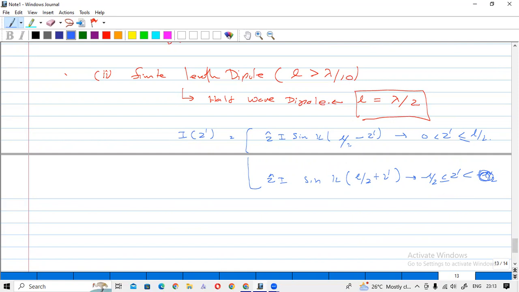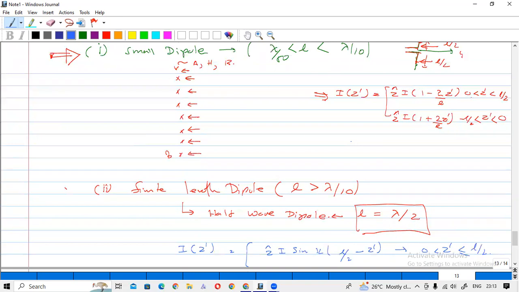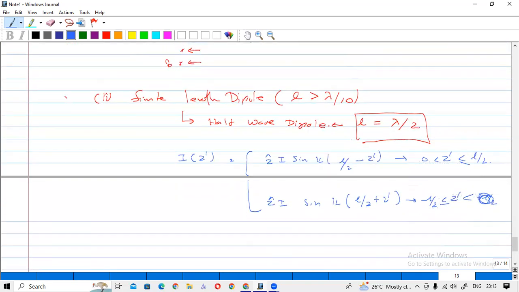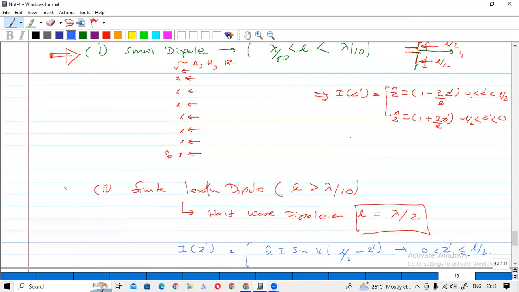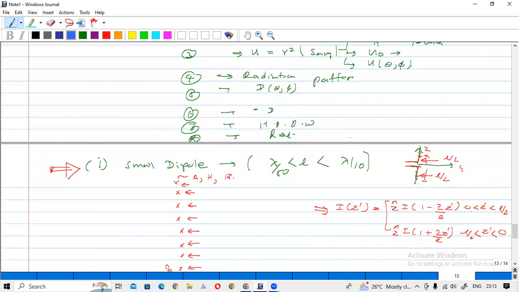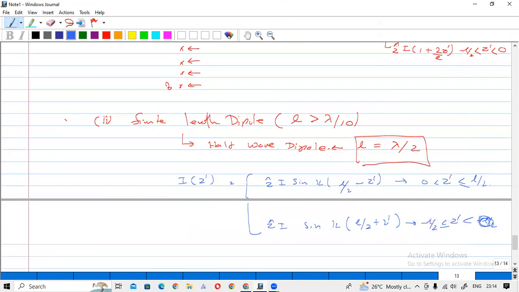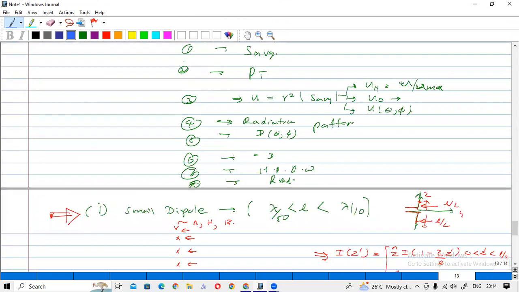If you want to know this further, you can ask me, then I will explain how we can calculate the parameters related with these dipoles also. So don't do this before the exam.